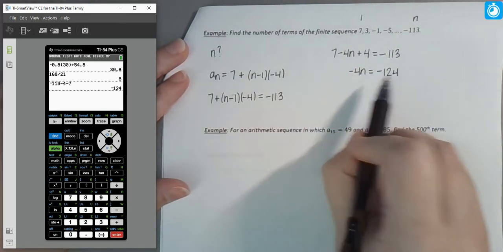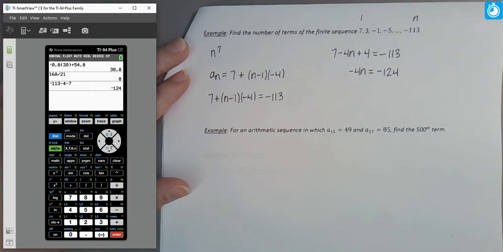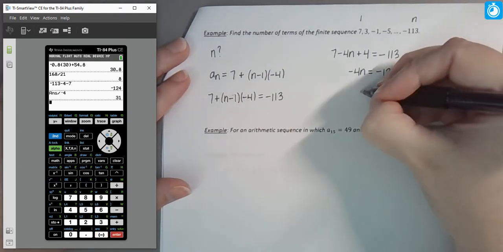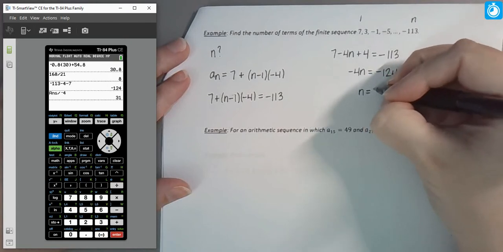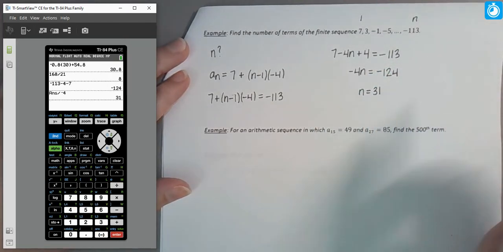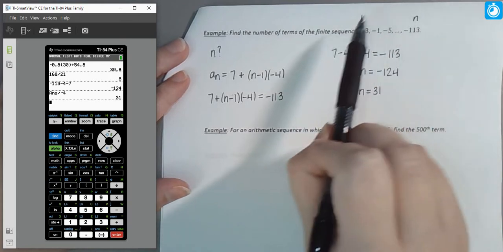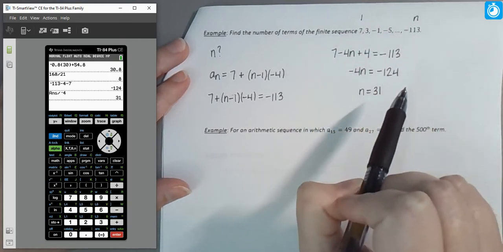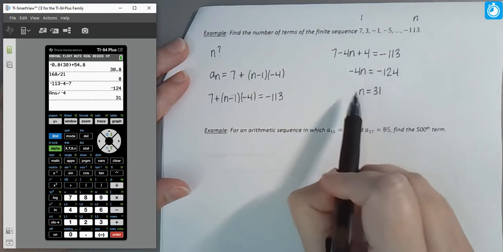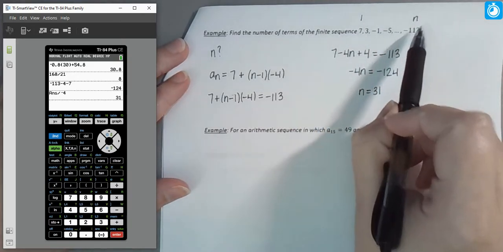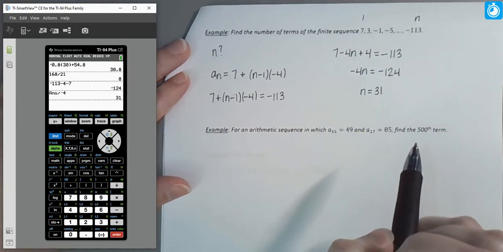And so if we divide by negative 4, we end up with n is equal to 31. So in other words, to go from 7 to negative 113, progressing in this fashion where we decrease by 4 each time, we would have to go out 31 terms in order to get to this particular term.